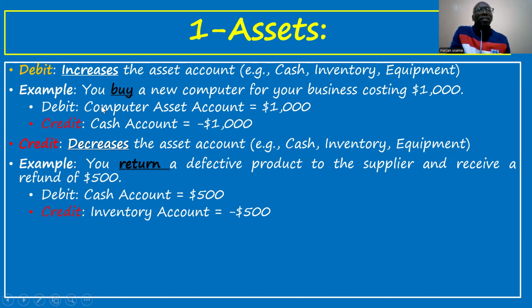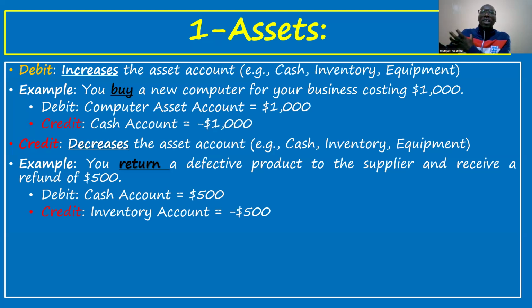The computer asset increases, so you debit it. The computer asset account. So a new computer comes in, it is plus $1,000. So now your asset is going to increase, so you are going to debit.